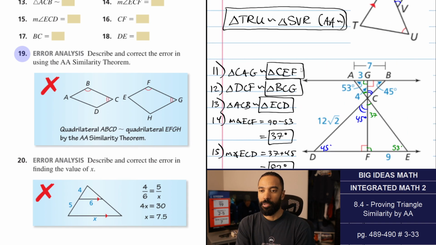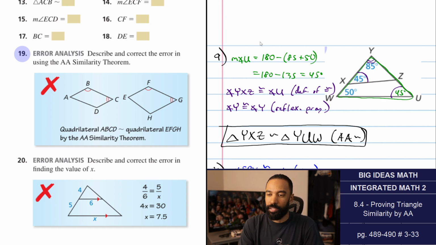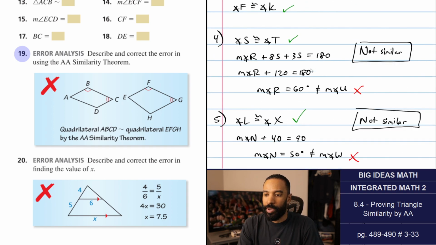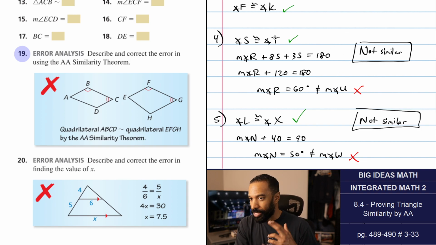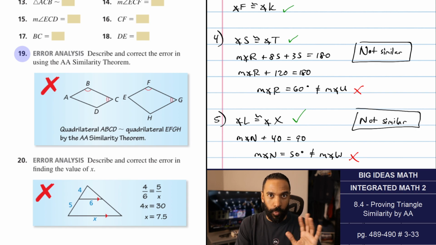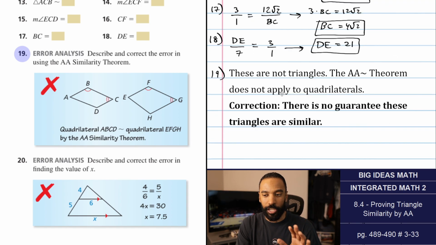If we go back to the early problems, when I was showing, which page was it? When I was showing something like here, angle R's measure was 60 degrees. Angle U's measure was not 60 degrees, I think it was 65. These triangles were absolutely not similar. Corresponding angles were not congruent.